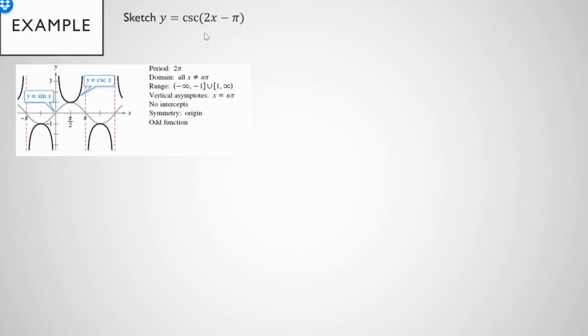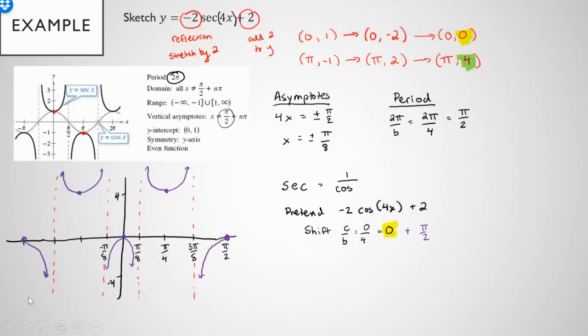You can graph them in Desmos perfectly fine, and that is probably the best thing to do with secant and cosecant, just because they are really difficult to think through. You can see that even me, as I'm trying to think through this logically, it gets kind of confusing.